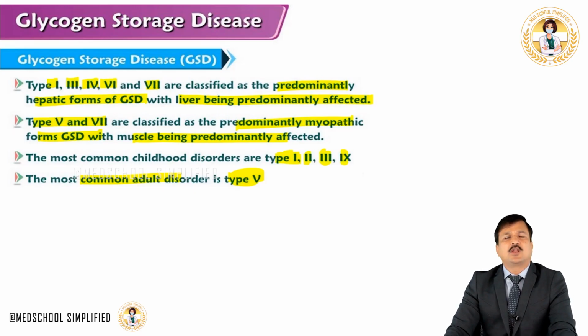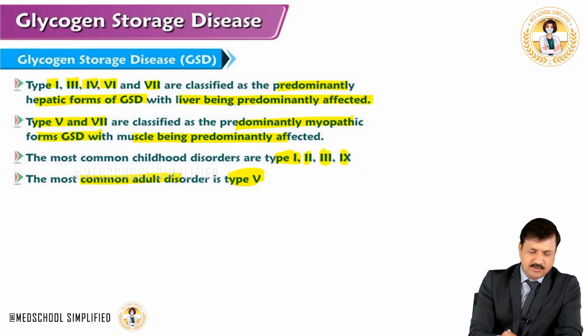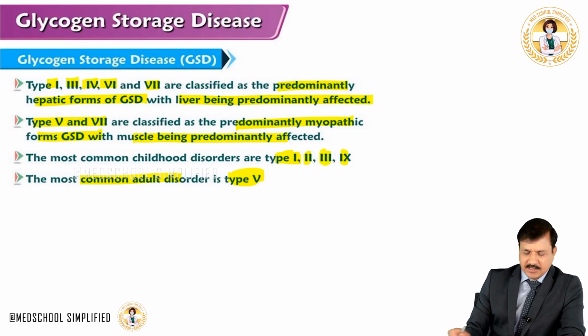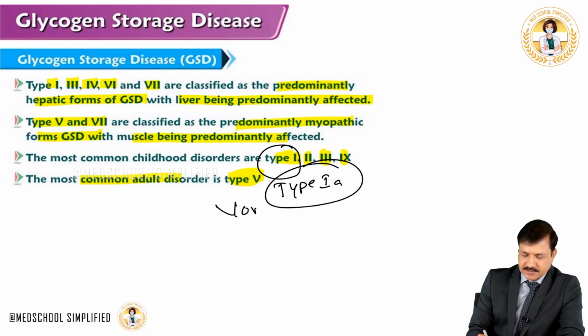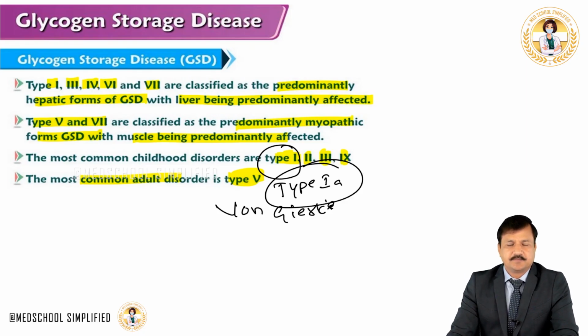And also out of all glycogen storage disorders, the most common glycogen storage disease, irrespective of tissue specificity or age of onset, is glycogen storage disease type 1, and that is specially type 1A, and that is Von Gierke disease. Von Gierke disease is the most common glycogen storage disorder.